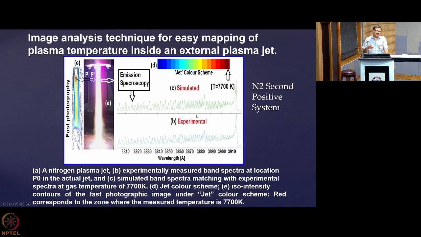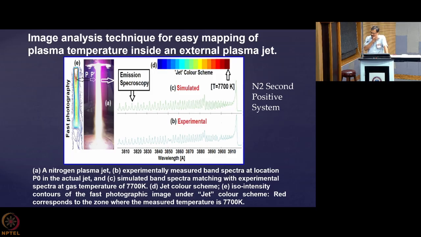So, what we are doing, we are simulating the spectra and matching that with the experimental one. This is a trial and error, and the temperature at which you get the best matching of the experimental and simulation spectra, you say that okay, the temperature of that zone is this much. This is one technique that is accepted in this area for finding the temperature of plasma.